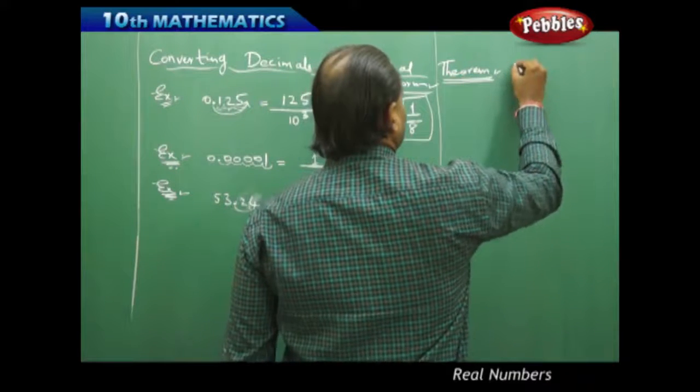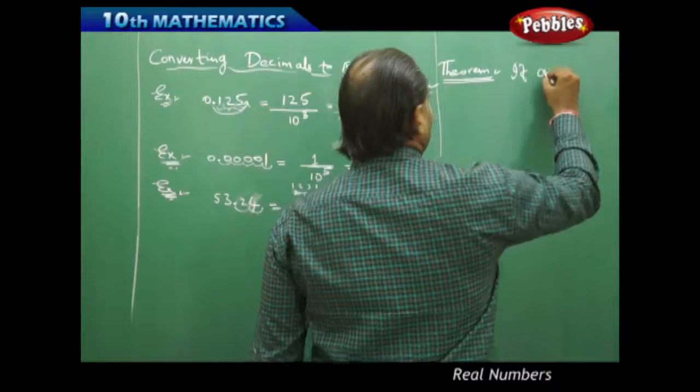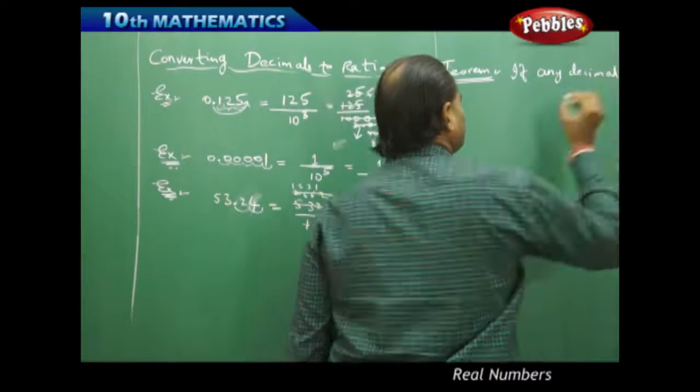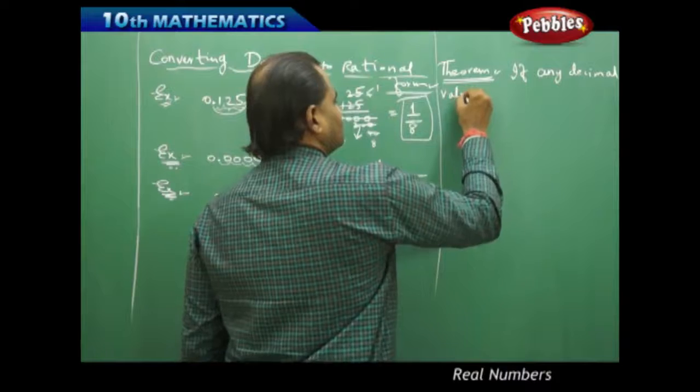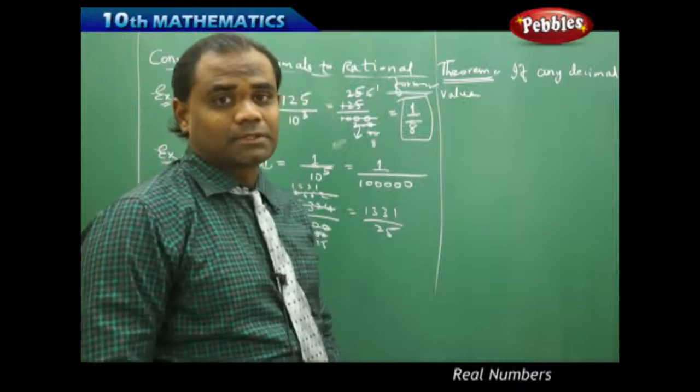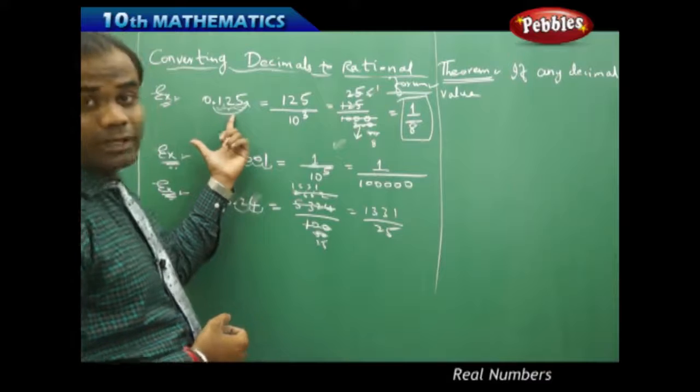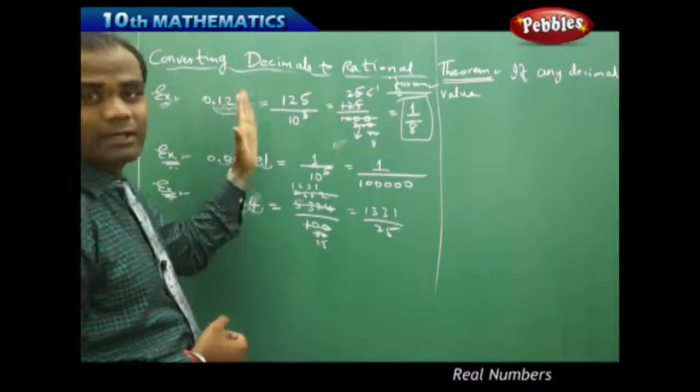So if any decimal value terminates, because in every case I have taken those decimal values which terminate, they have some ending out there.